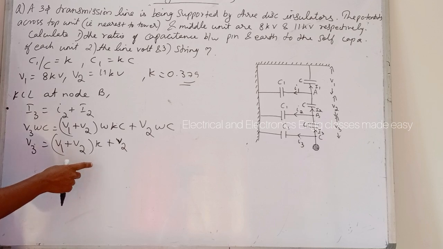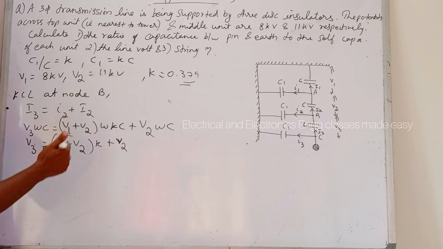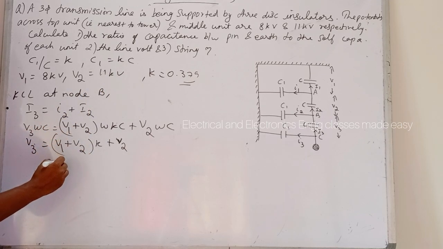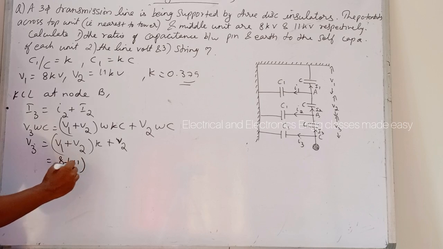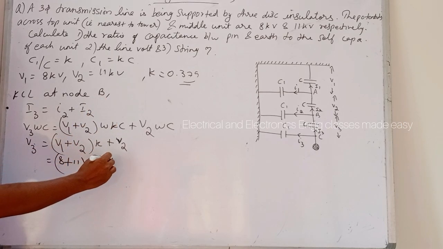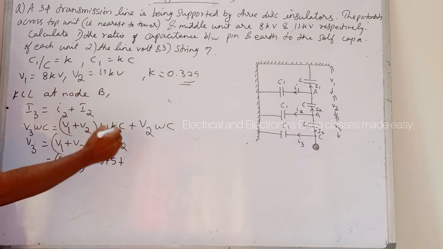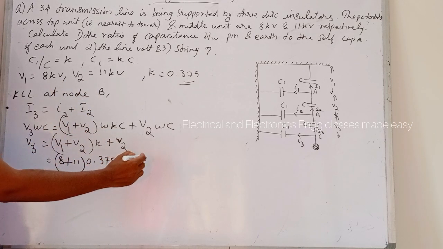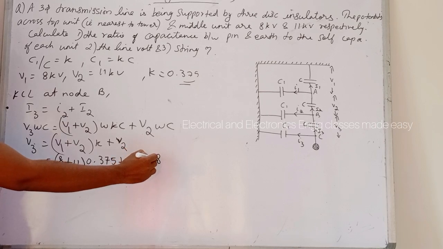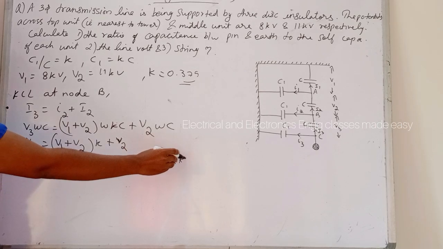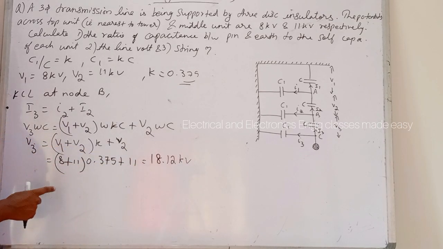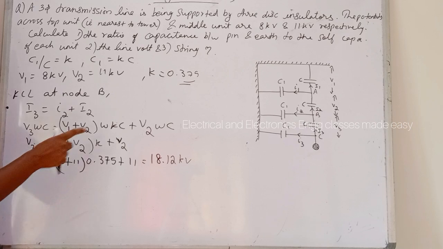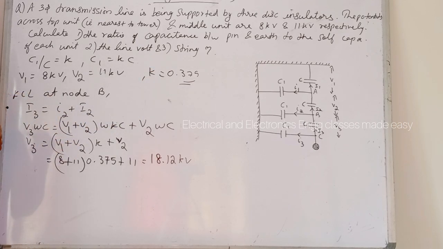So V1, V2 and K we know. So V1 is 8 plus 11 into K, K is 0.375, plus V2 is 11. And we will get 18.12 kilovolt.